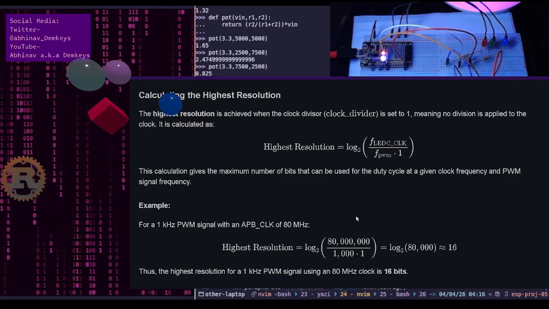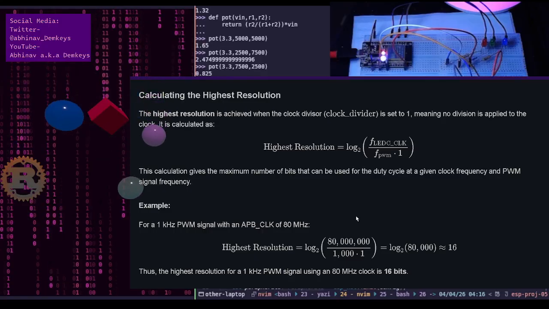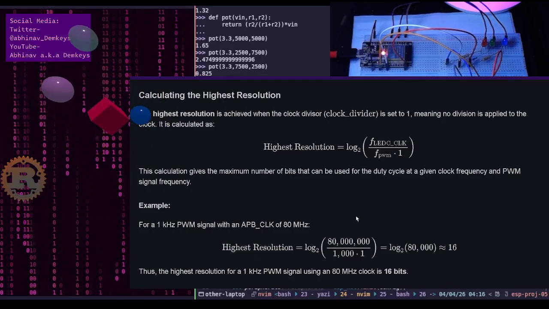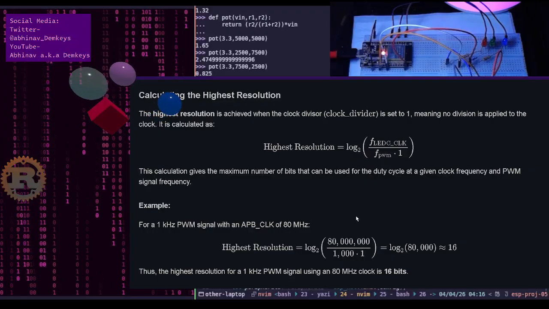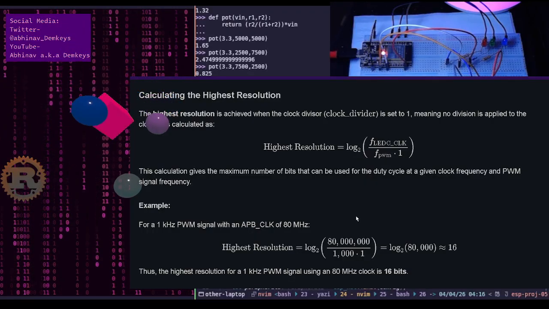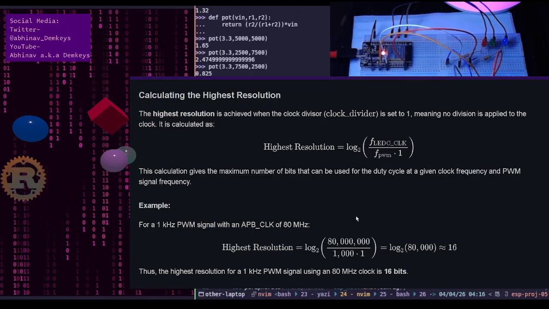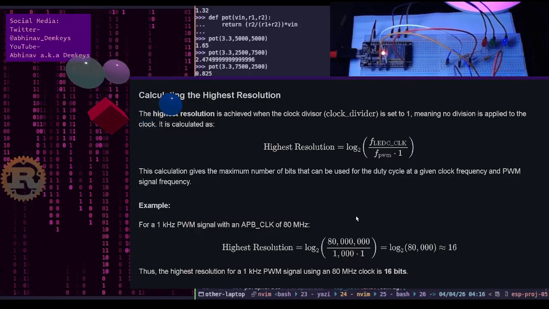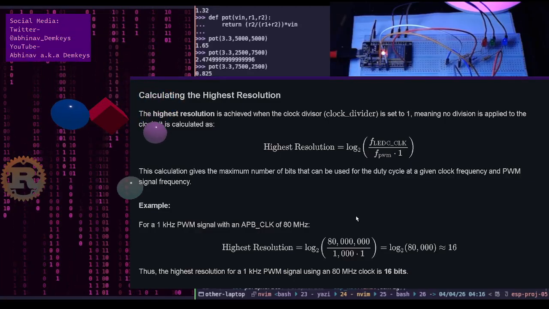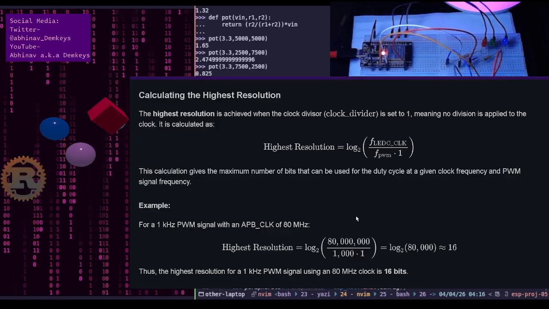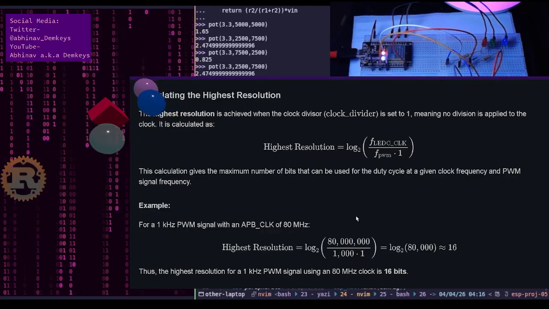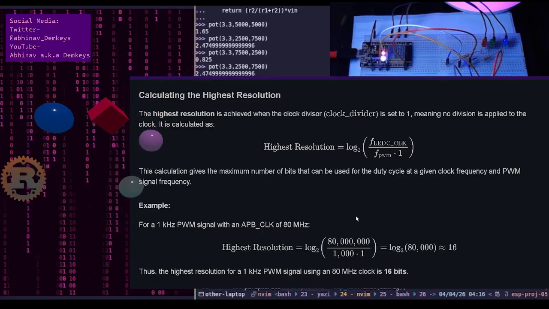Hold on, let's see. 80 million divided by 1000 multiplied by 1, which is just that. That gives us 80,000. And then the log of 80,000, actually, I don't know, import math. Let me dir math.